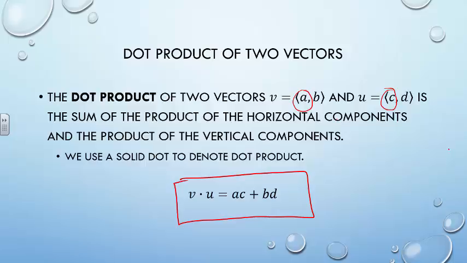So the product of the horizontal components is a times c. The product of the vertical components are those in the y positions. So we have a b and a d. That's b times d. And we add those together, and that is our dot product.